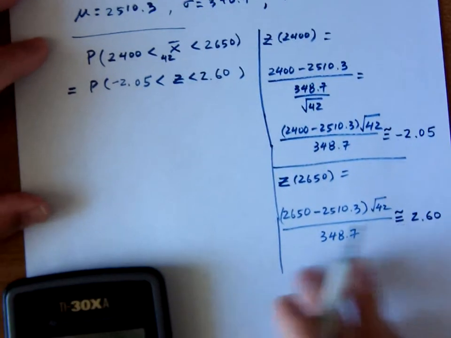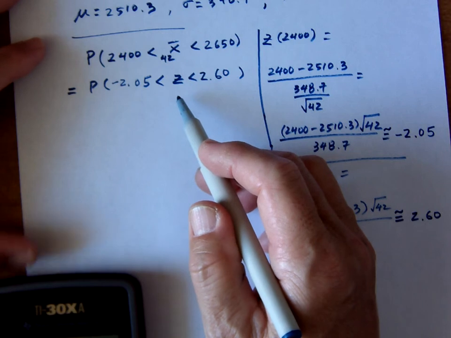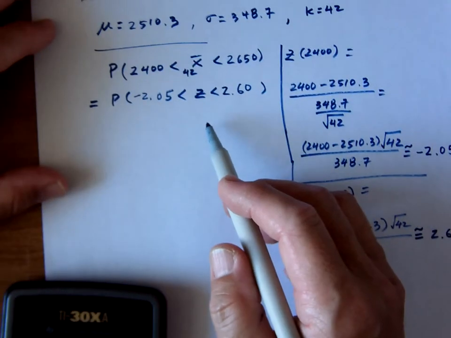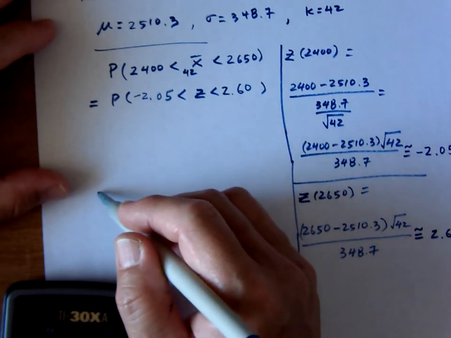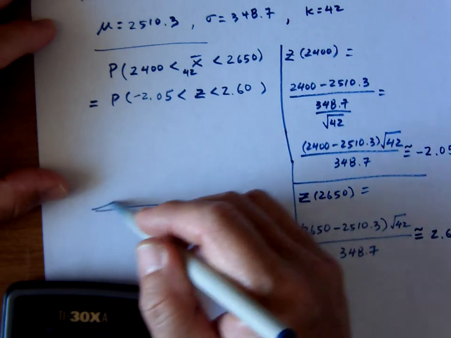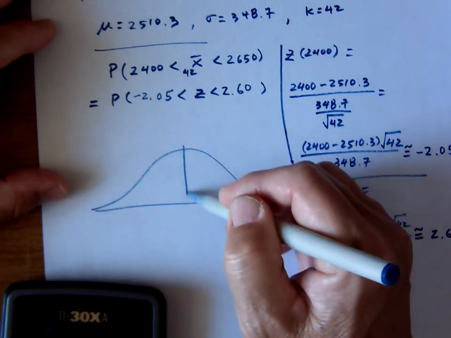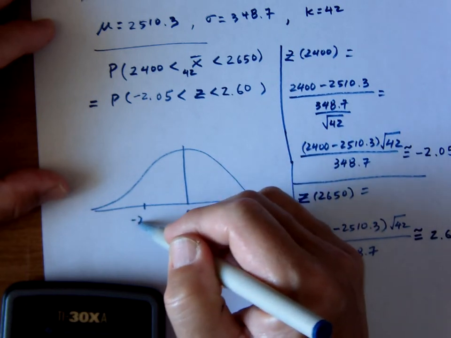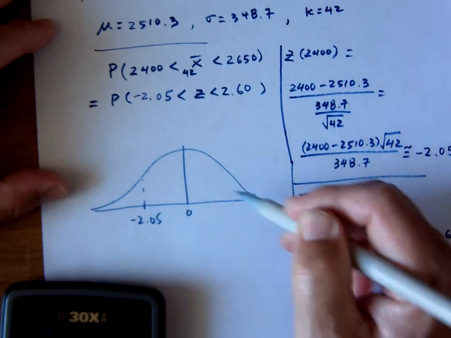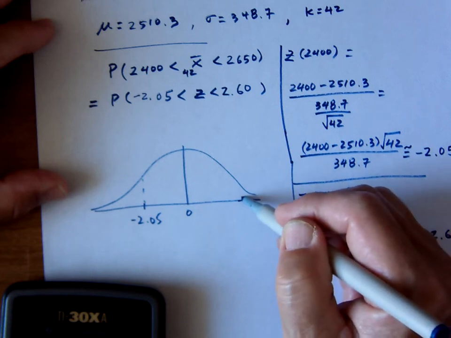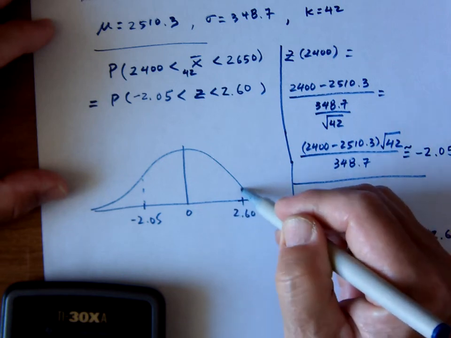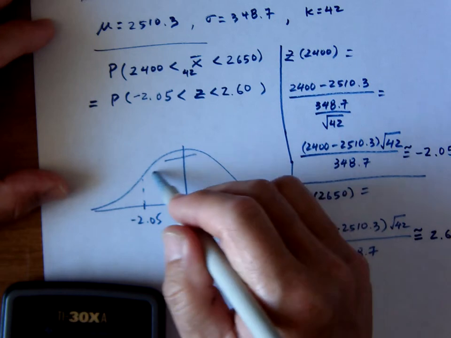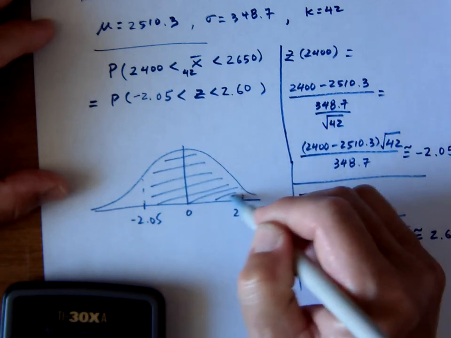All right, so now this is the usual probability computation. If you wish to draw a picture, 0 here, and let's say negative 2.05 and 2.60. Let me exaggerate a little bit here. I want to know what this entire area is.